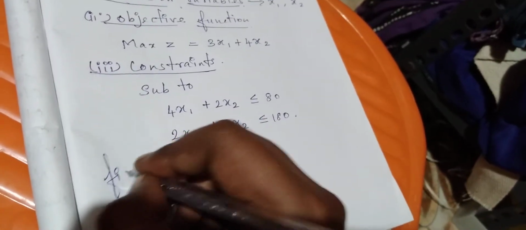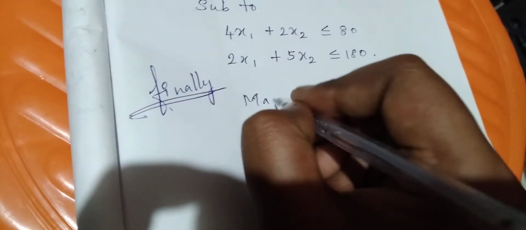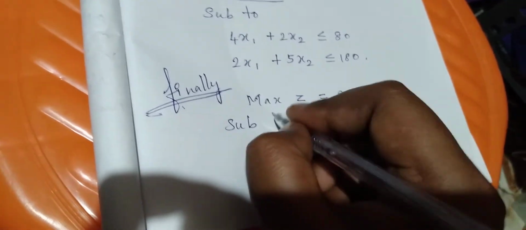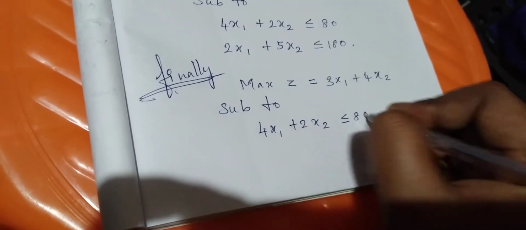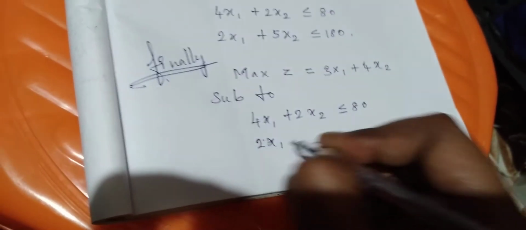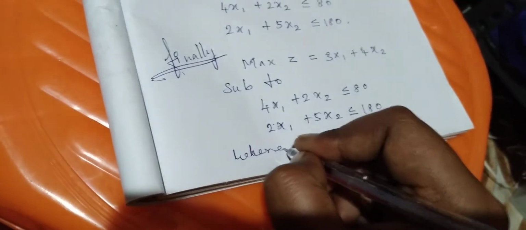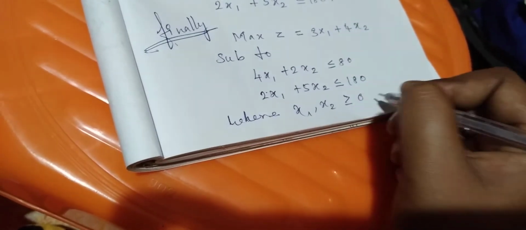That's it. Finally, I am writing the solution. Maximum of z equal to 3x1 plus 4x2, subject to 4x1 plus 2x2 less than or equal to 80, 2x1 plus 5x2 less than or equal to 180, where x1 comma x2 must be greater than or equal to 0.